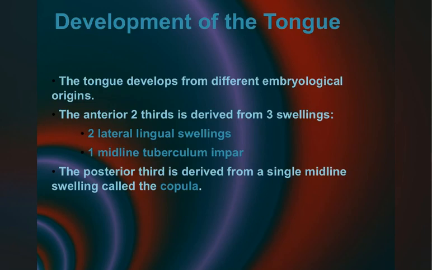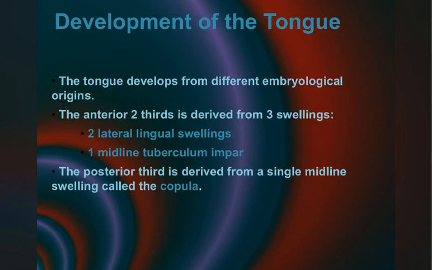So, as we know, the nerve of the first pharyngeal arch is the trigeminal nerve. And the nerve of the second pharyngeal arch is the facial nerve. The nerve of the third pharyngeal arch is the glossopharyngeal. And the nerve of the fourth arch is the vagus nerve.